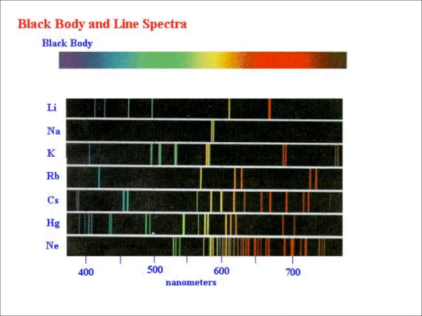Now that's any normal object's a black body, but monoatomic gases which are incredibly simple, they have one atom sitting on its own and just have a very limited number of spaces and jumps that the electron can do. And each line you see on a line spectra you're looking at below, this represents a jump.